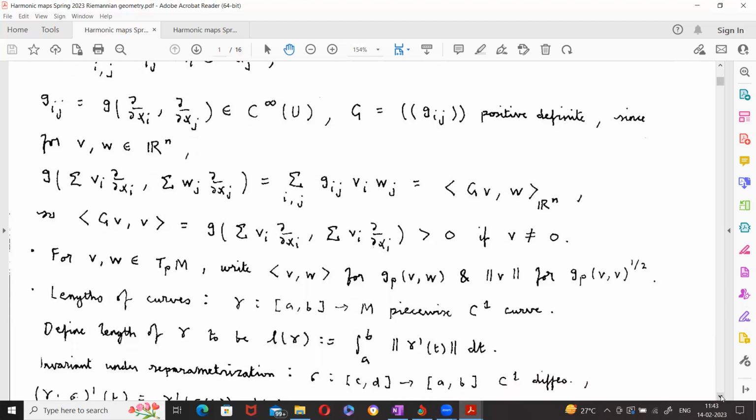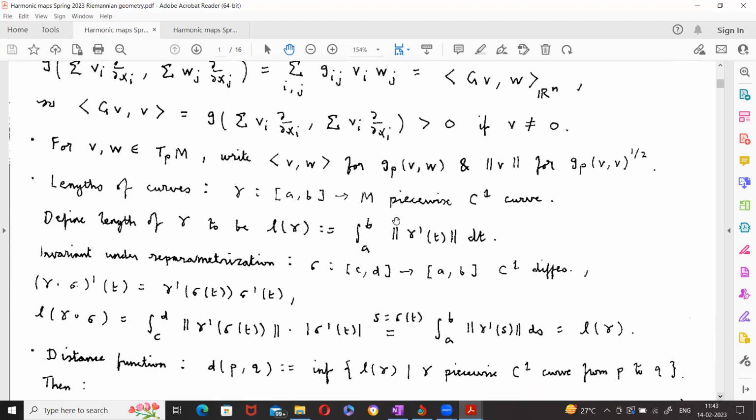Then we can define the length of a curve in M by the usual formula. If gamma is a piecewise C1 curve in M, then you define the length of gamma to be the integral from A to B of the norm of gamma prime T dt. Notice that the length is invariant under reparametrization.